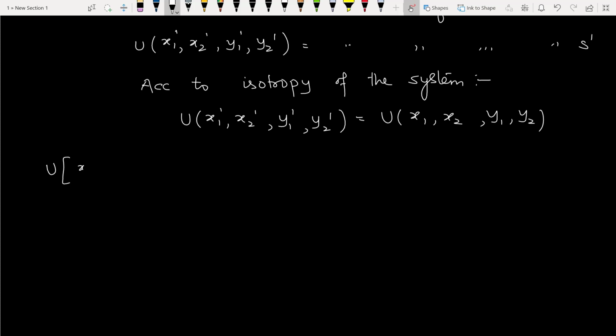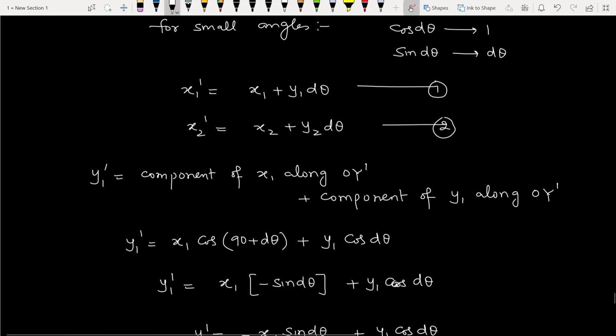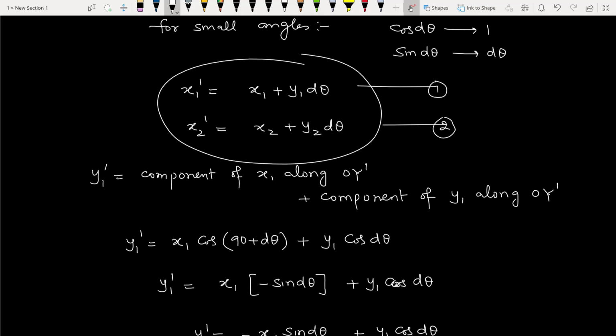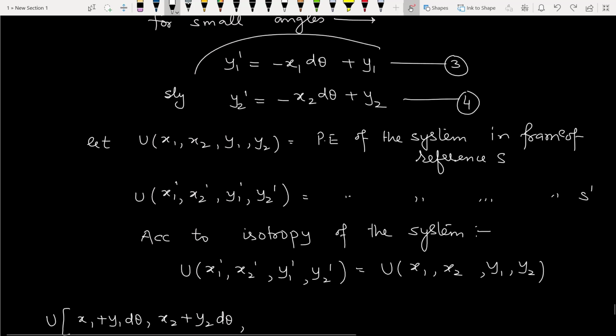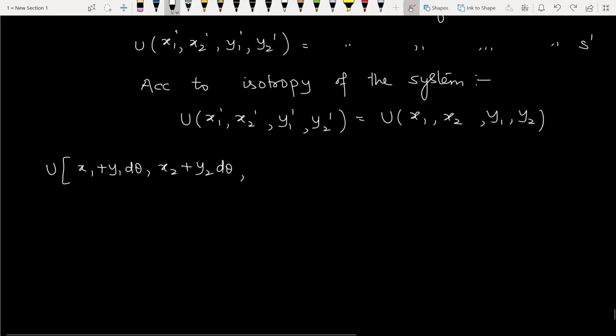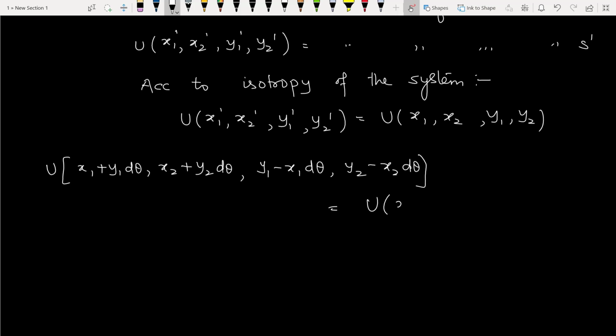x1 dash is x1 plus y1 d theta, x2 plus y2 d theta. We have proved this here. y1 dash, y2 dash, we have proved it here, y1 minus x1 d theta, y2 minus x2 d theta, it is equal to U x1 x2 y1 y2.